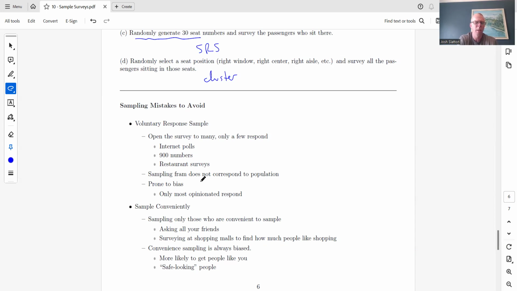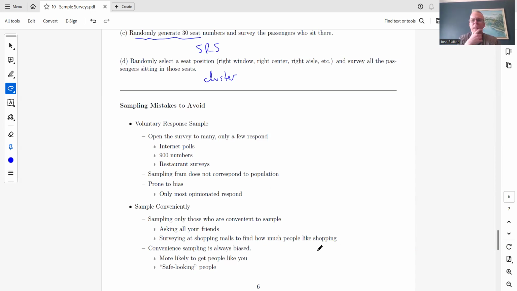Usually it's bad. So those are typically not a good way to get an idea of what the population is thinking about your restaurant or whatever it is. Anytime people have to voluntarily go do the survey, that's usually not a good way to do it.